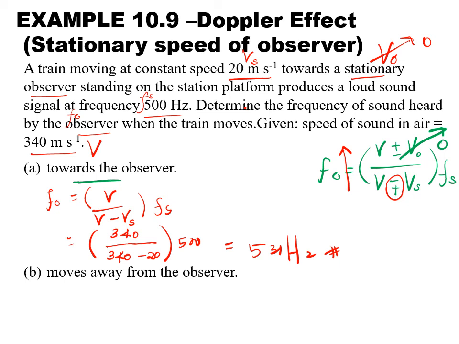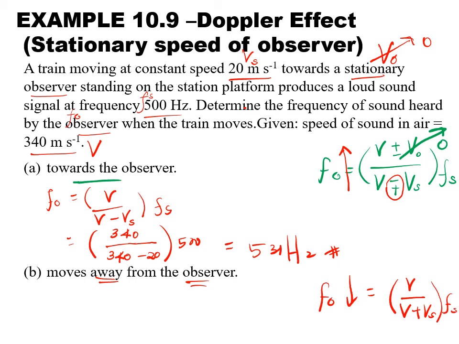Next question. Determine the frequency of sound heard by the observer when the train moves away from the observer. That means the frequency is lower. Okay, so if the frequency is lower here, it means V over V plus V source times Fs.